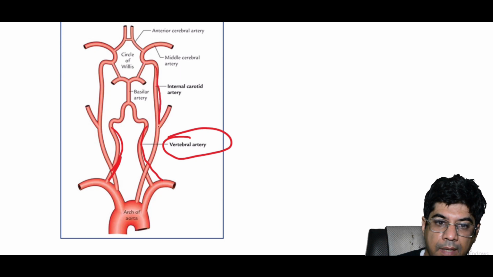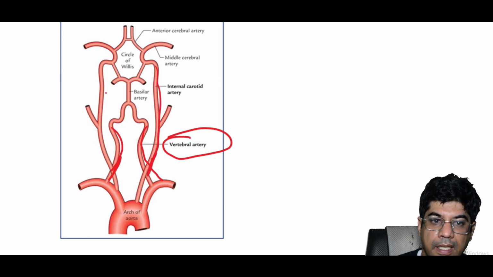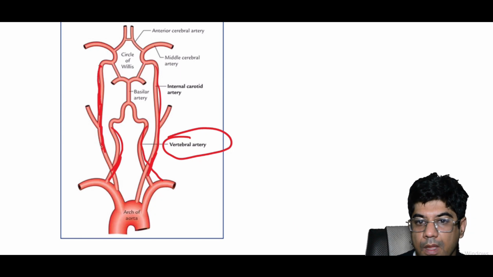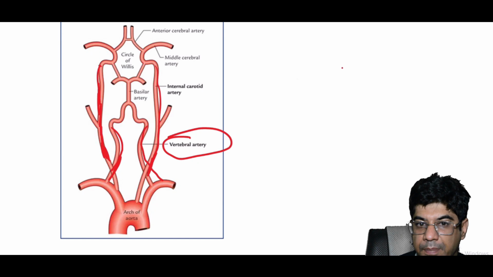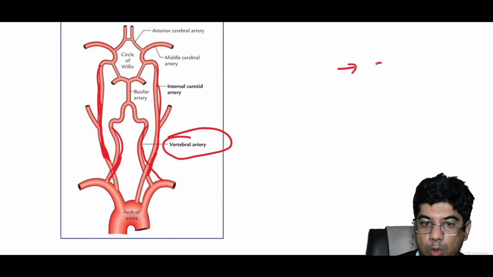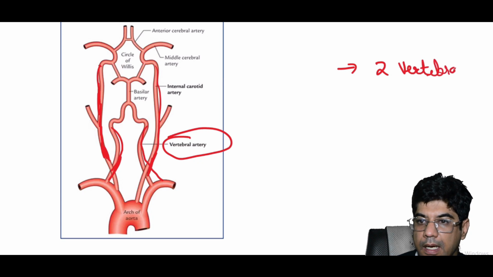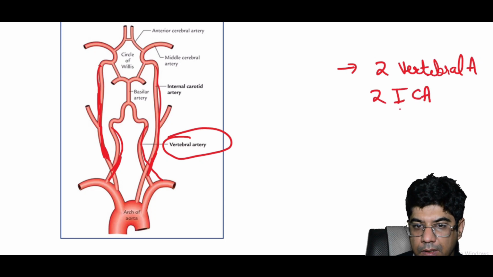So this internal carotid artery and this internal carotid artery. So the brain is supplied by two vertebral arteries and two internal carotid arteries.